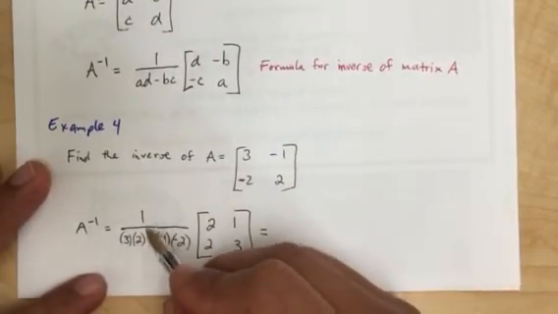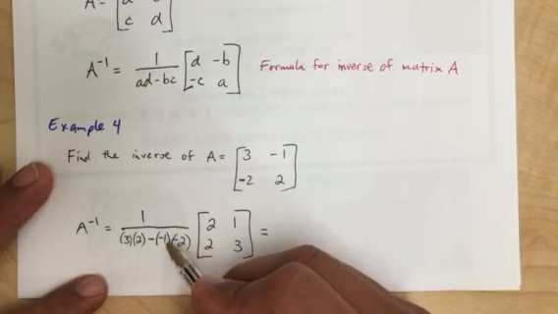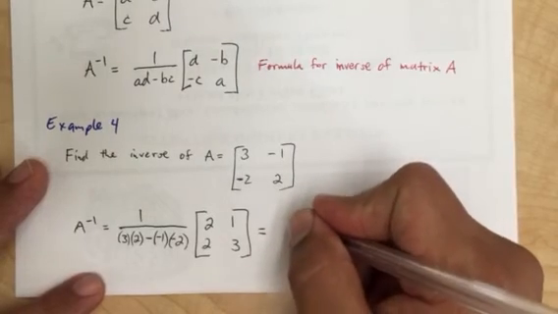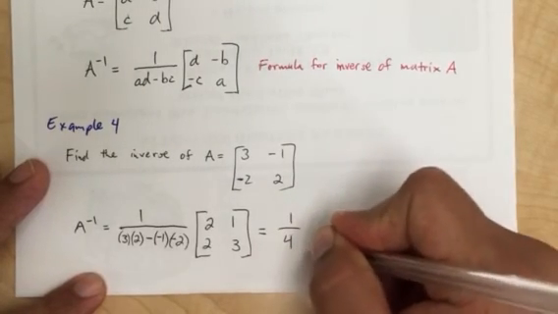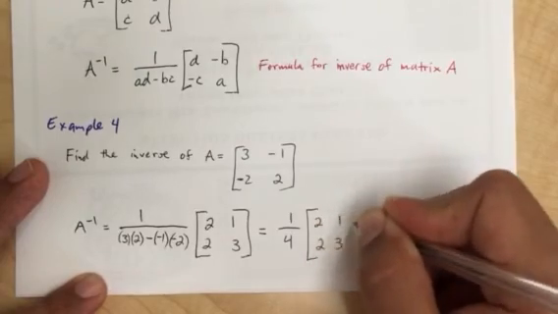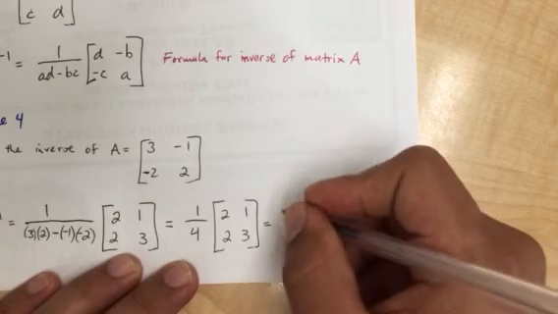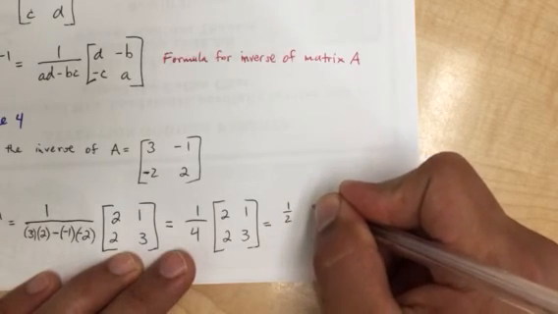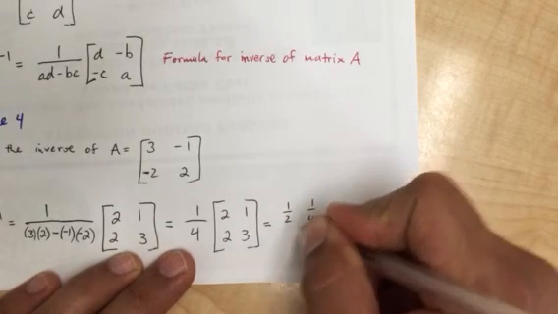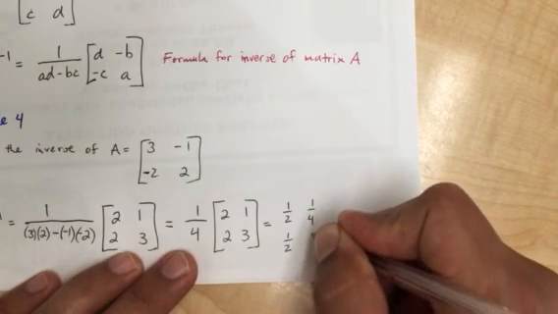On the bottom we get 6 minus 2, so that's 1 over 4. We multiply this scalar times our matrix, and we end up getting 1/2, 1/4, and then 1/2 and 3/4.